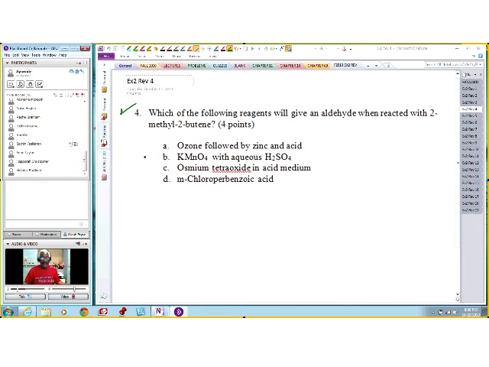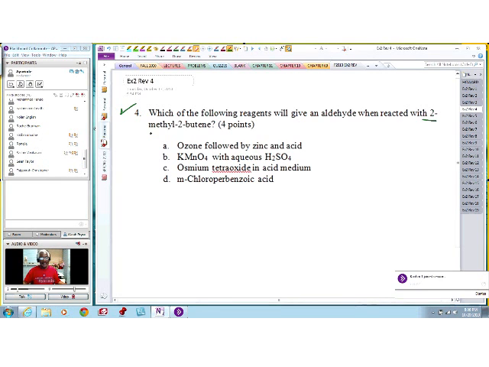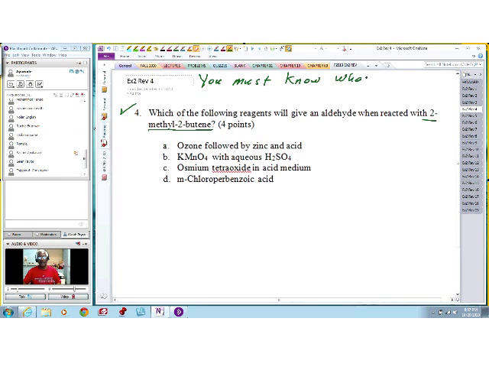Okay, so this question is testing your knowledge of nomenclature. It is also testing your knowledge of the reagents. Now, before we start the session today, let me make it very clear to all of you. You must know what the reagents do.